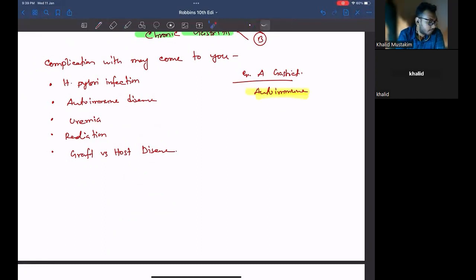What happens here? Here, some antibody forms, and those are autoimmune in nature.